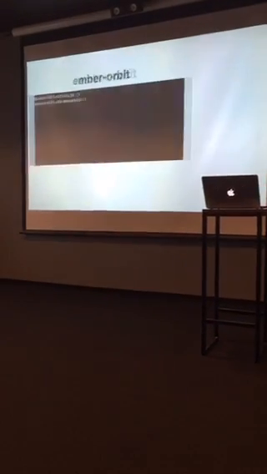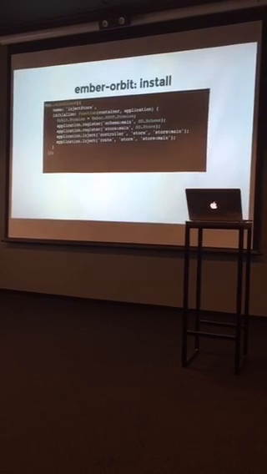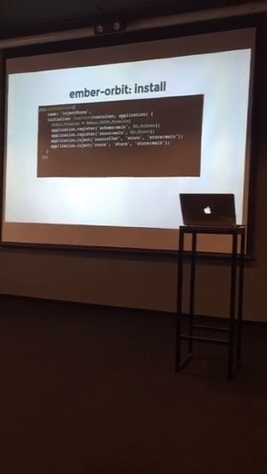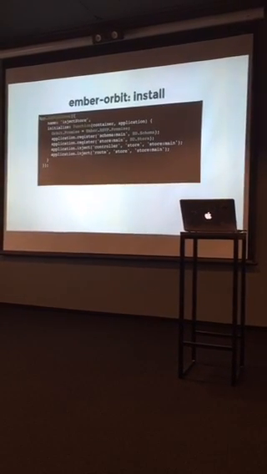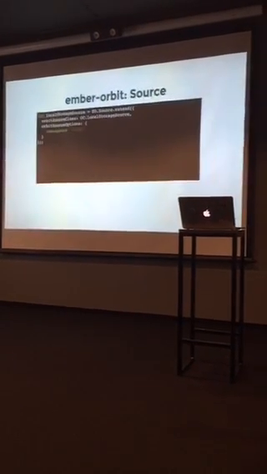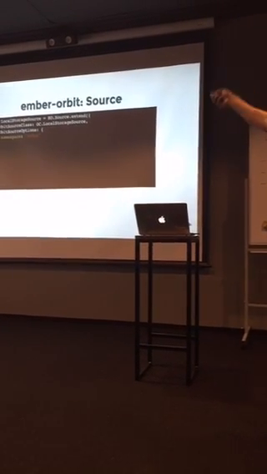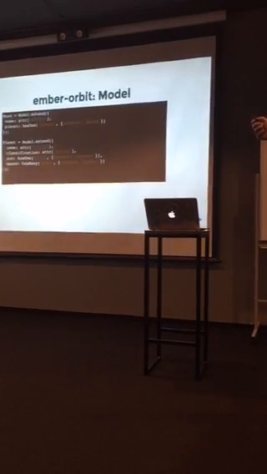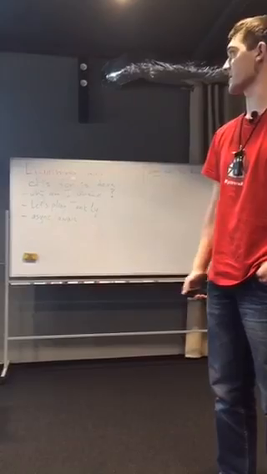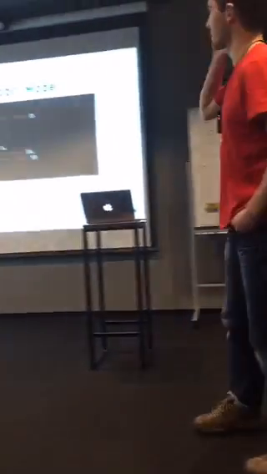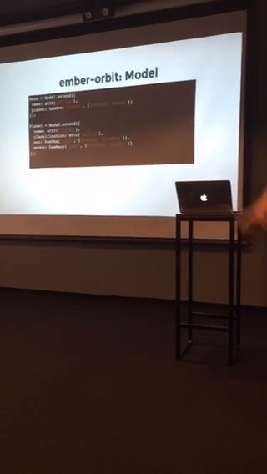For example, you should have Orbit installed, and you create an initializer for this because it injects the store. Maybe you don't need to do this. After that, you define your sources, and then you can use this like Ember models, like Ember Data, but when you have different sources and create a model, this model will be synchronized between the sources which you provide.